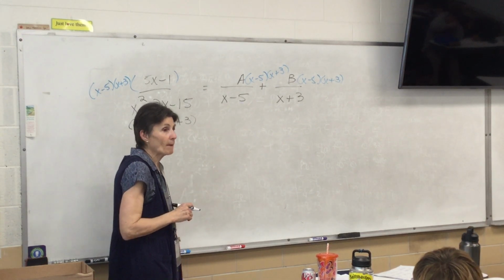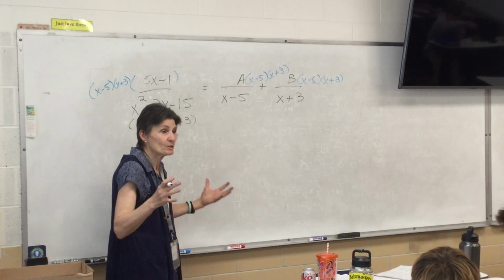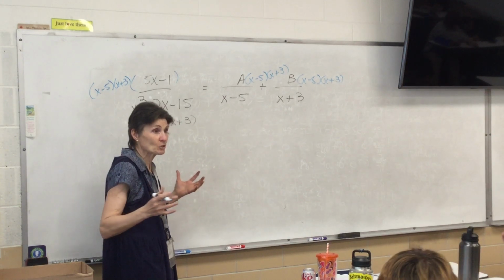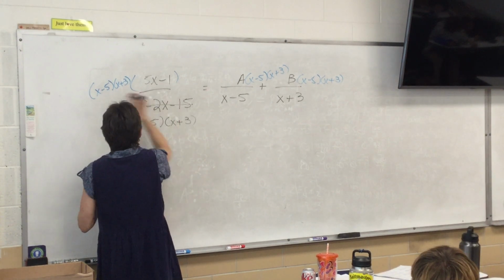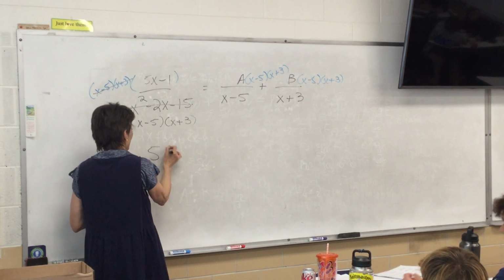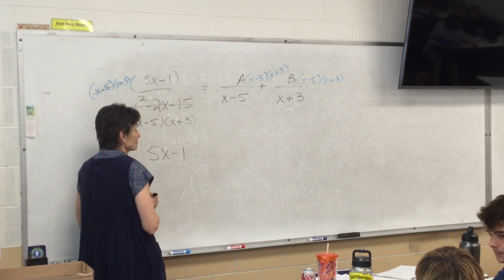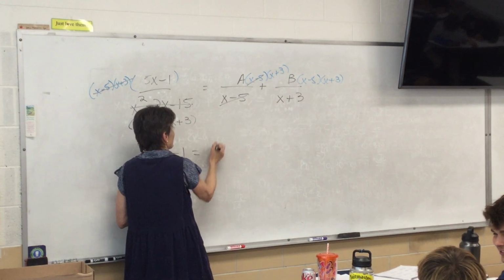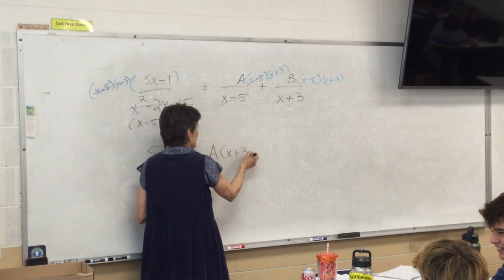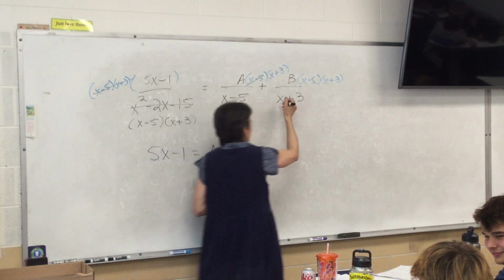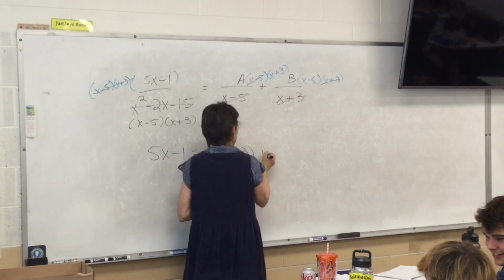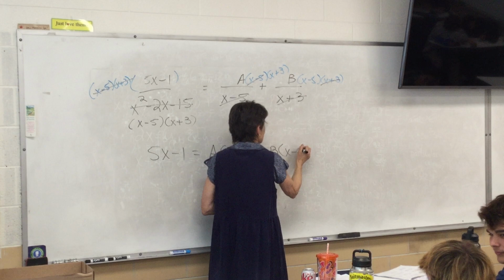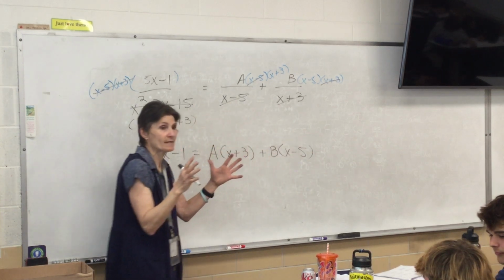I'm going to get rid of the fractions. You're right, it's going to reduce down to no more fractions. They're gone. This is going to cancel and leave me with 5x minus 1. This is going to cancel and leave me with A times x plus 3. This is gonna cancel and leave me with B times x minus 5. Does everybody follow what's happening?